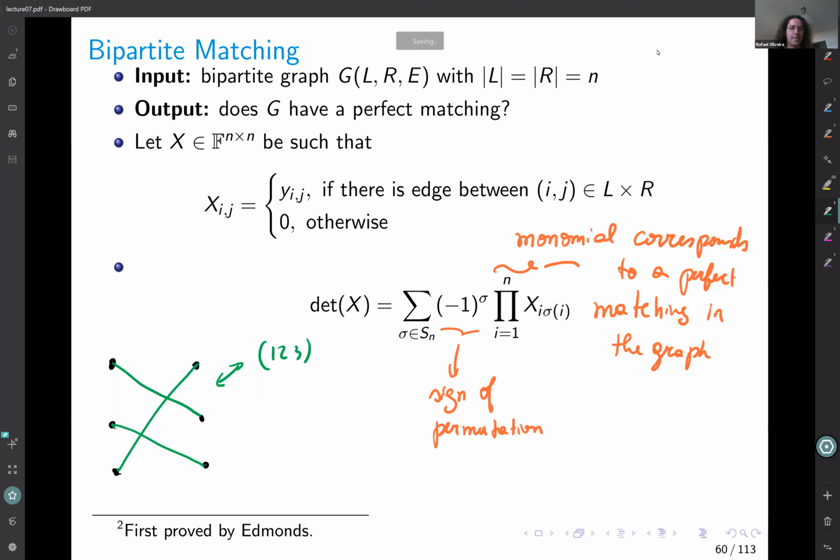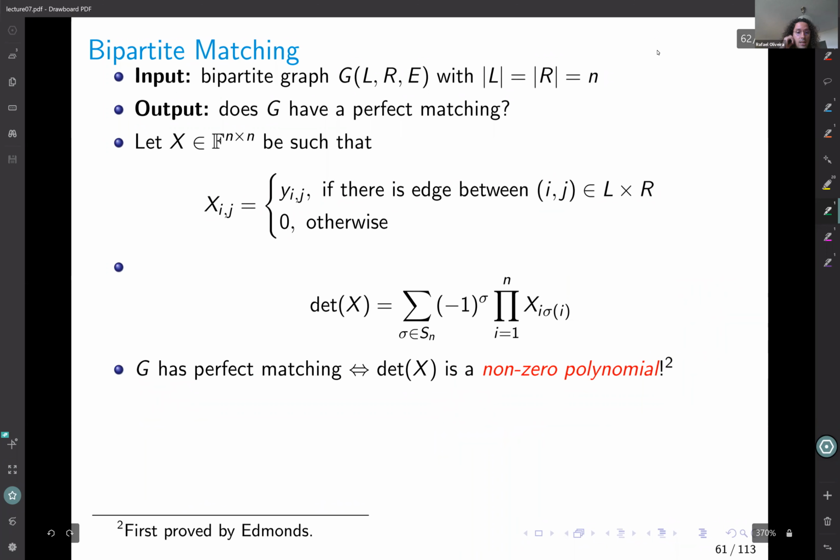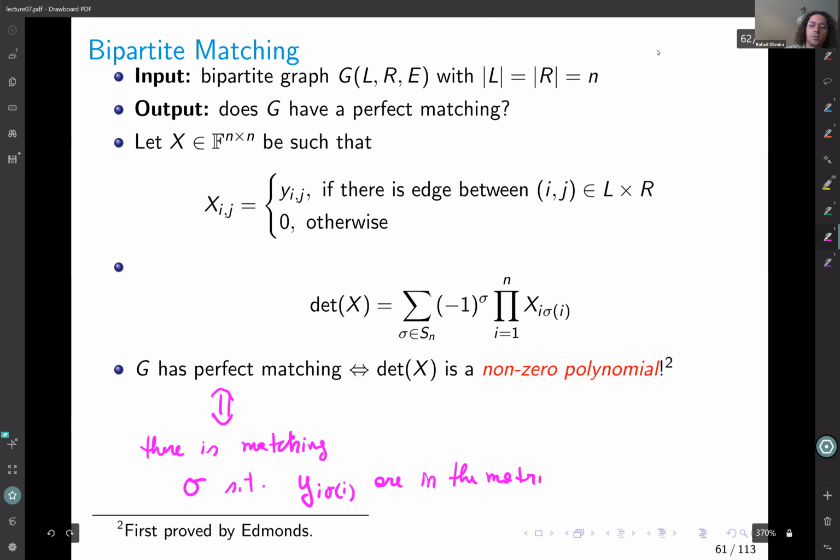So these monomials are exactly encoding these perfect matchings. And now here's the thing. The graph G has a perfect matching if and only if there is a matching, which we can encode by a permutation sigma, such that all the variables y_i,sigma(i) are in the matrix, correct?